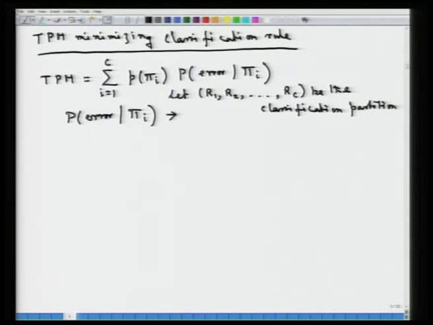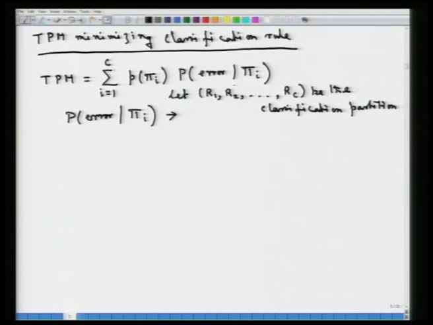That means that if x belongs to Ri, we are going to put it into population number i. That is, for every x belonging to R1, the class membership is pi 1. For every x belonging to R2, the class membership is pi 2, and so on for the rest.